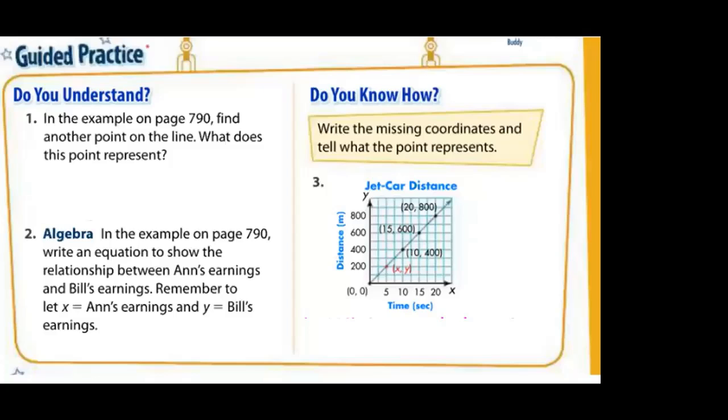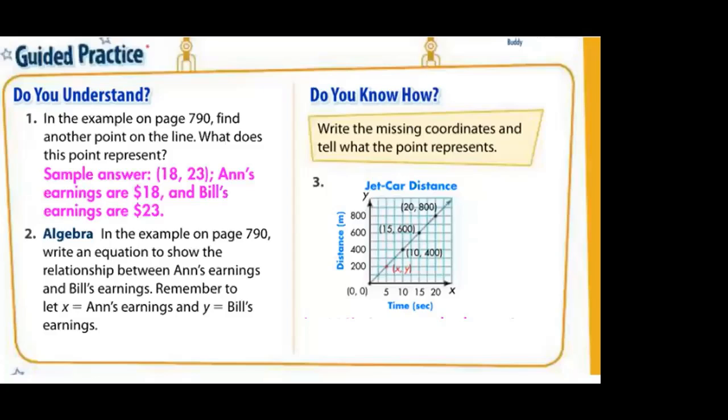I selected here 18 and 23. 18 on X and 23 on Y. You will not find 18 and 23 labeled. 18, you will find it between 15 and 20. Then 23, you will find it between 20 and 25. Okay?